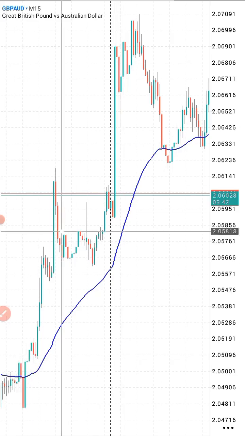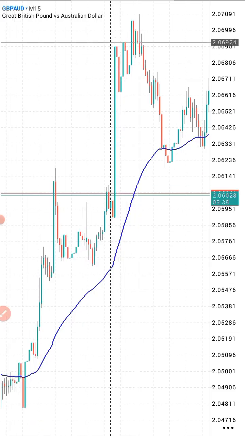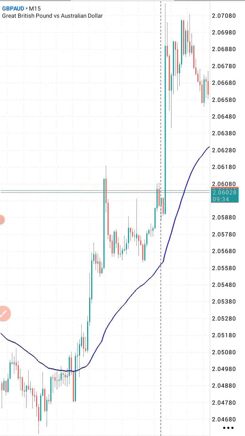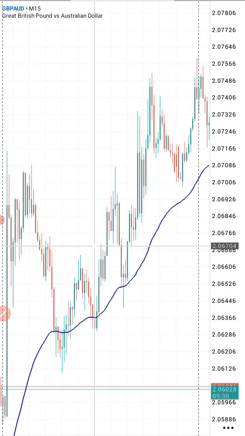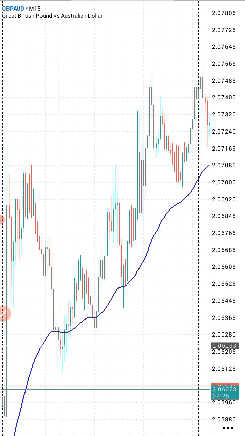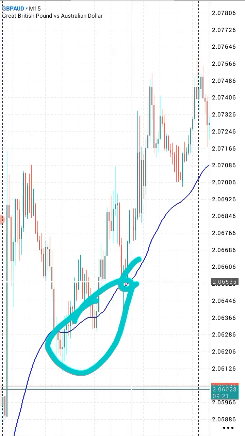There was a breakout here, but you are not encouraged to enter any trade at this particular point because of the rule of this trading strategy. Now, the breakout says wait for a pullback. Now, look at this particular place. There is a pullback in this particular place. Look at the pullback. Now, the pullbacks are actually a signal for you to enter the market.